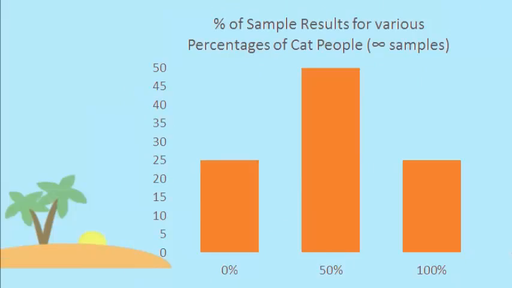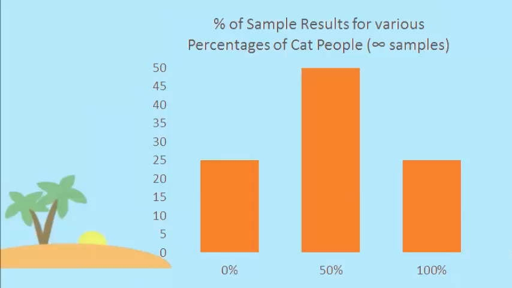This begins to resemble what happens if we would take an infinite number of samples of 2 people on Research Island. If we took infinite samples, we would find out that 25% of the time we would get a sample of 2 people who are cat people, and 25% of the time we get a sample of 2 people who are dog people.